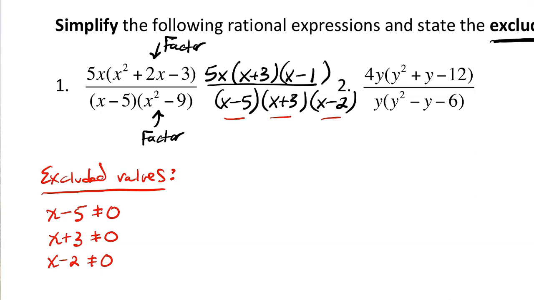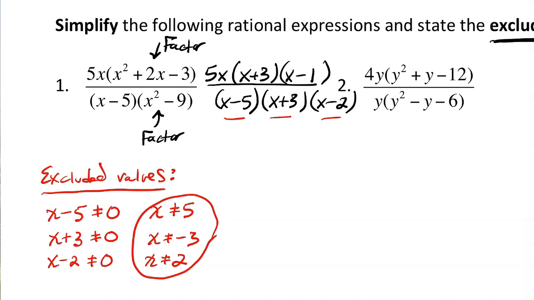So x minus 5 can't equal 0. If this were a 5, this whole thing would be a 0, and then you'd have division by 0, which is undefined. It doesn't make sense mathematically to divide by 0. So your excluded values: x cannot be 5, x cannot be negative 3, and x cannot be 2. Those are your excluded values.